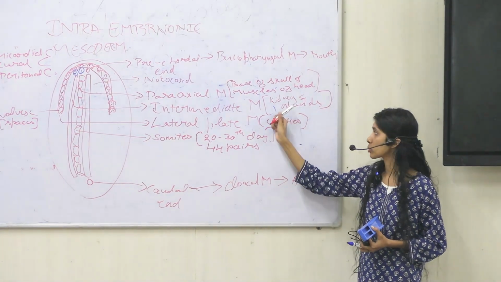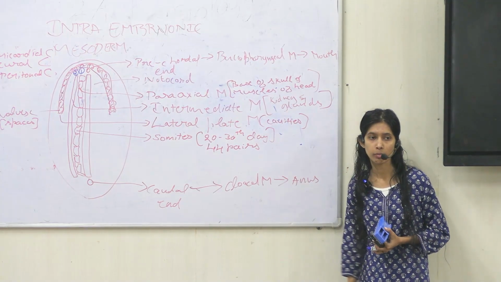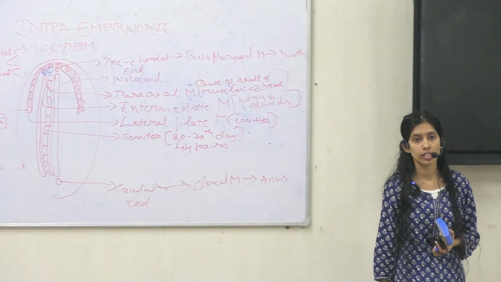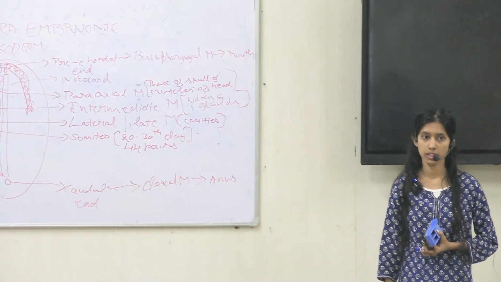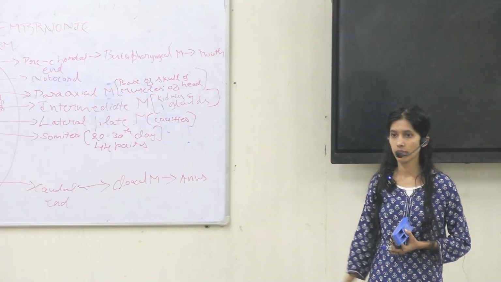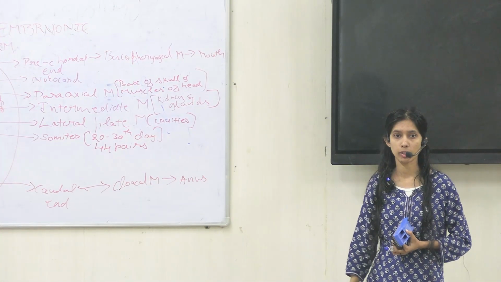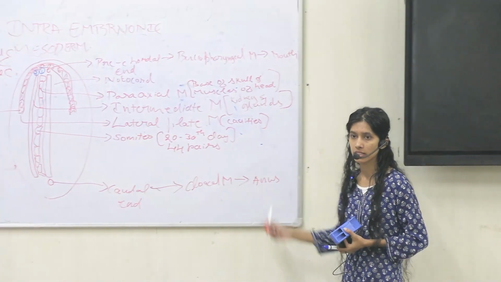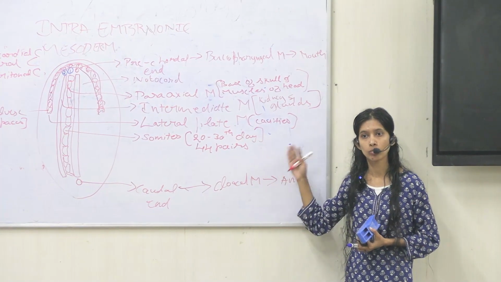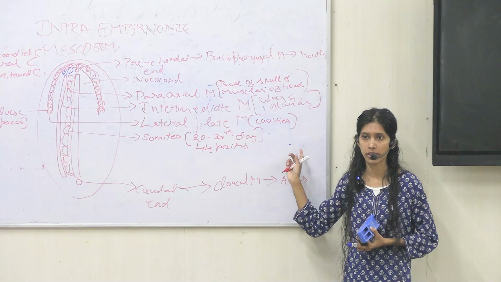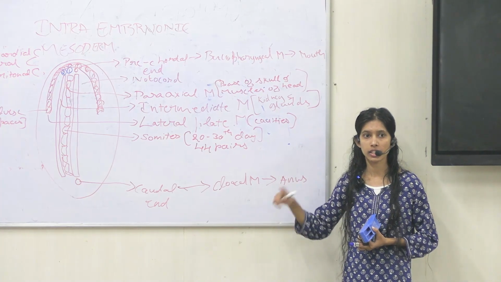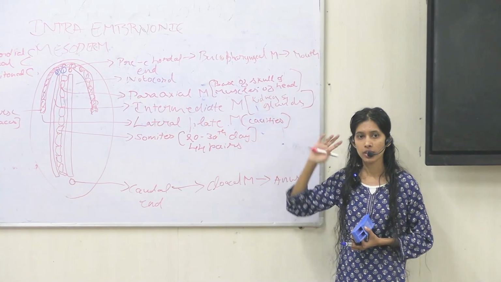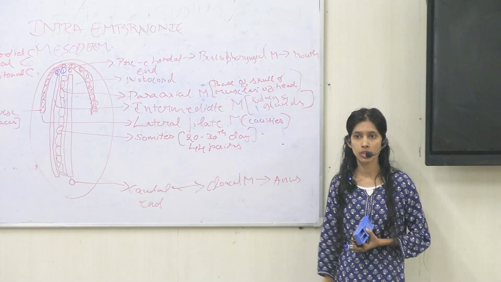Here, especially for the kidney, we have one important structure called the nephric duct. That I'll discuss when we are discussing the development of the kidney. But how that structure forms, everything I'll discuss at that time only, because it will take more than half an hour just to discuss the basics. If I discuss now, later when we go to this chapter, you will forget. So we'll discuss together at that time.